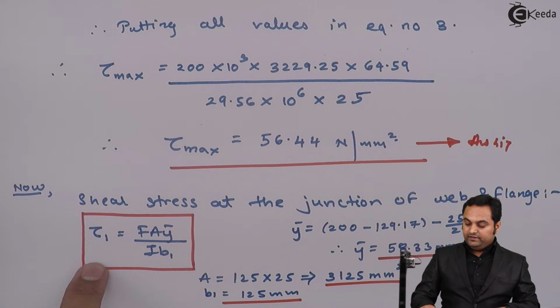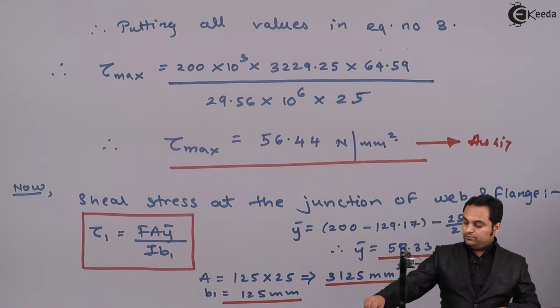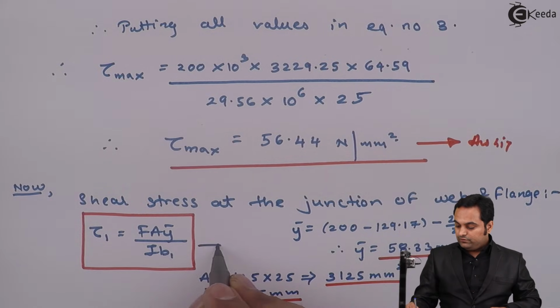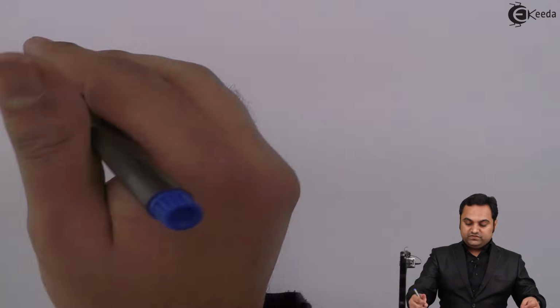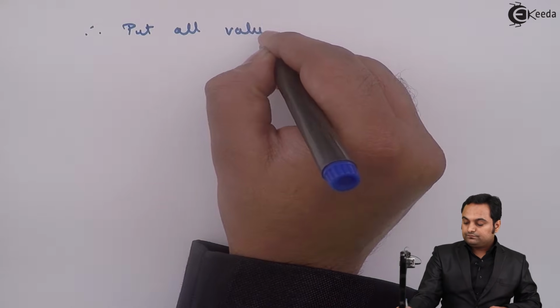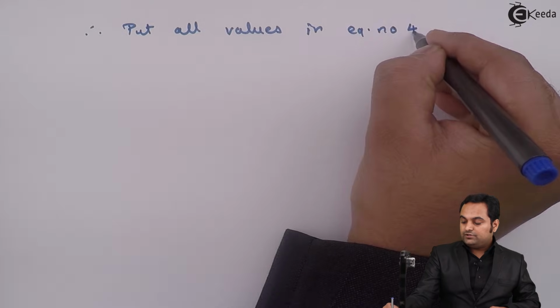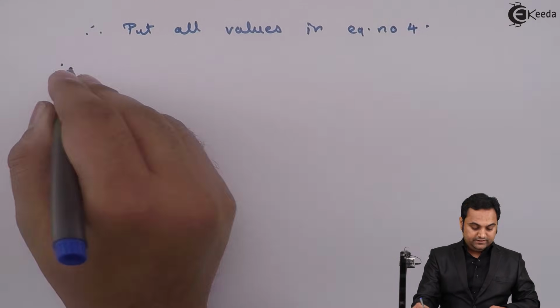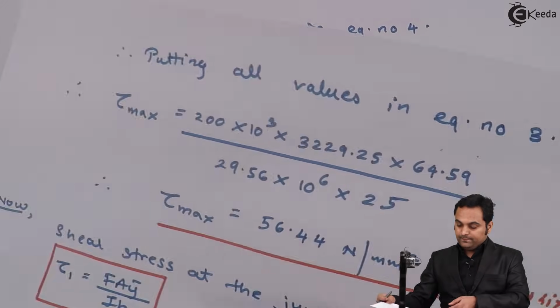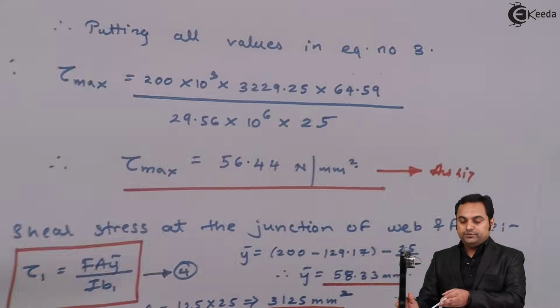Next, I'll put all the values here. Calling this equation 4, put all values in equation number 4. Hence we have tau 1 equal to, now F, as we know, is 200 into 10 raised to 3.